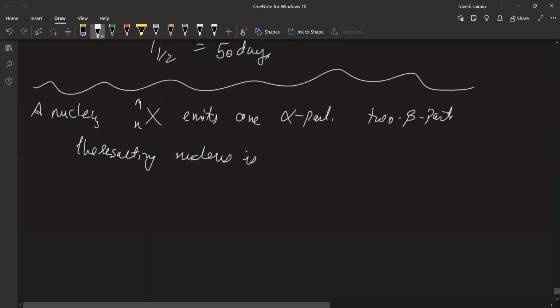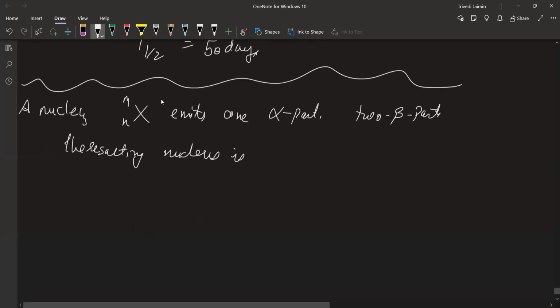Come on, solve it fast. Z equals M minus 6, N minus 4, and N.